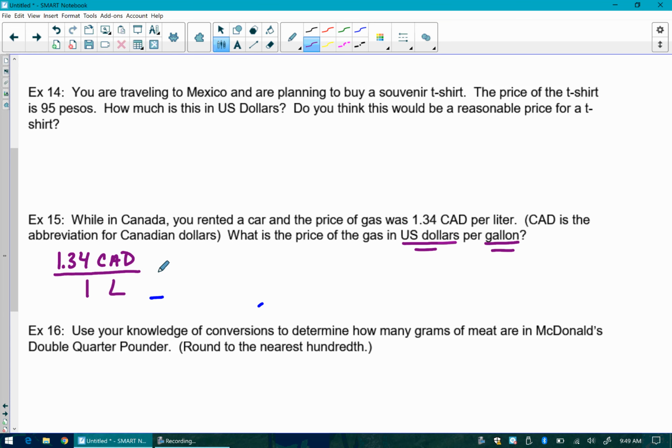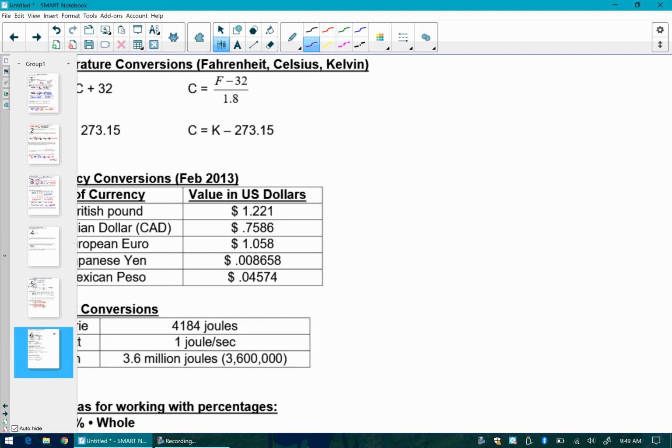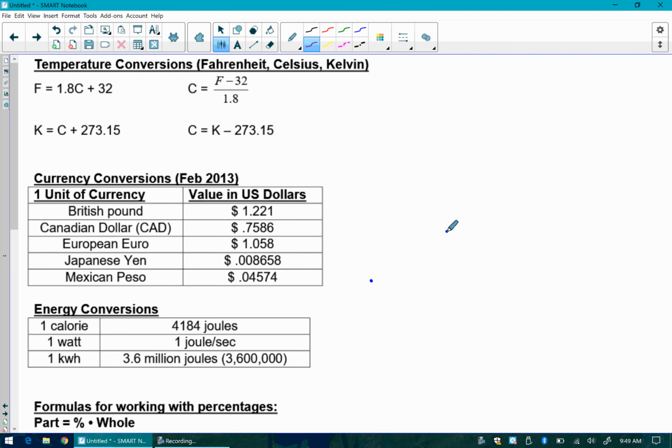This is worth looking at on your formula sheet. You're on the second page of the formula sheet. This will sometimes trip folks up, so I'm going to pull this up for you. On the second page there, just underneath the temperature conversions, are your currency monetary conversions. We're going to be looking at this second row here. Here's what you want to always keep in mind.